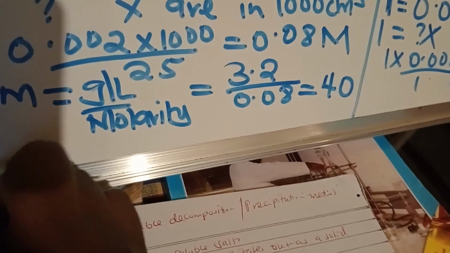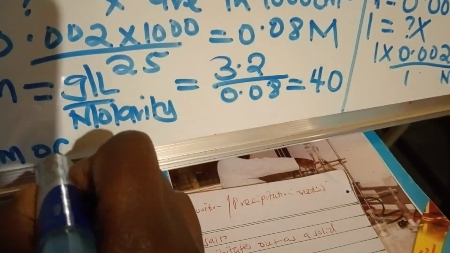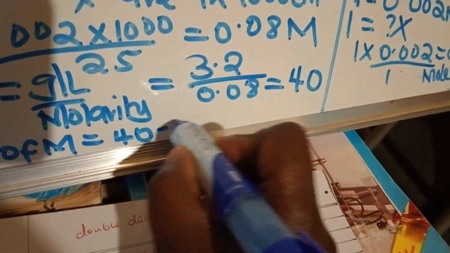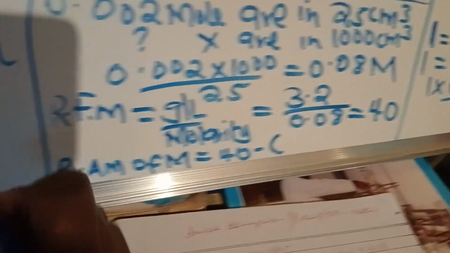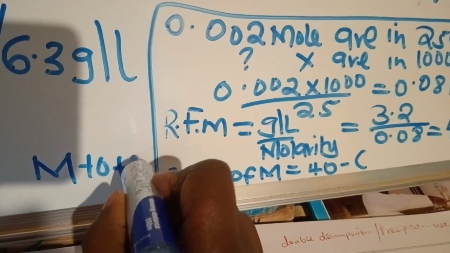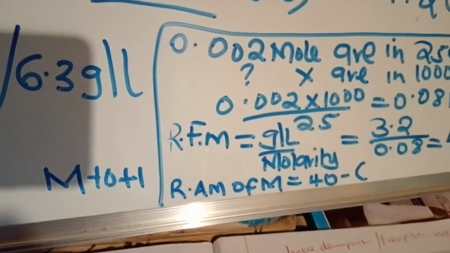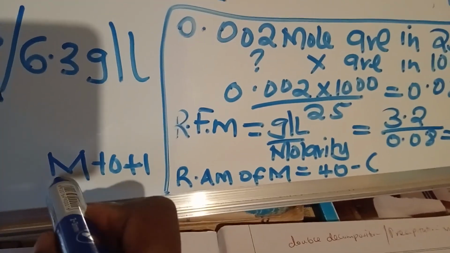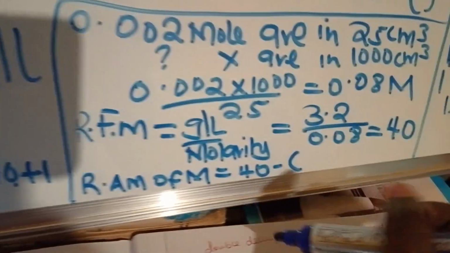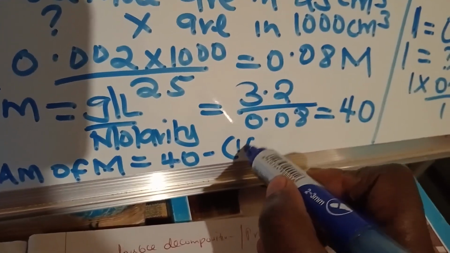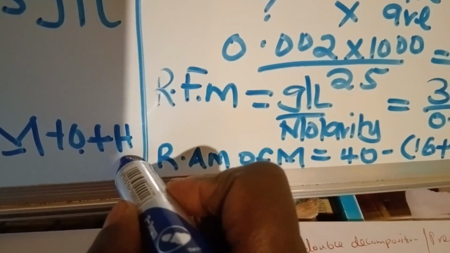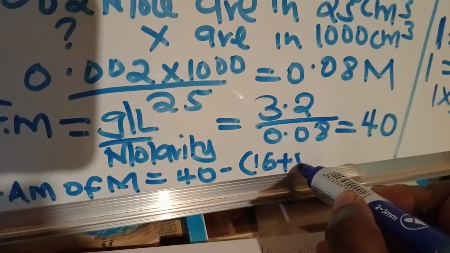So for you to get the RAM of capital M, we get 40 minus... remember the formula of MOH, we have to add the relative atomic masses. So we have the M that we are calculating, we have oxygen, which is 16, and then hydrogen, which is 1, so plus 1.